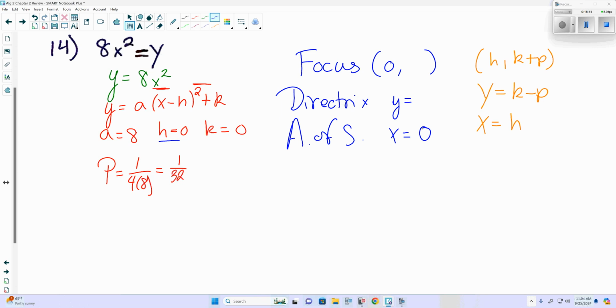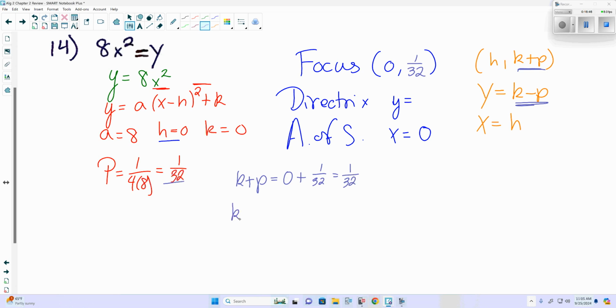So the only other things that we have to solve for is k plus p and k minus p. So we'll start with k plus p. I plug the value of k in, which is 0, plus our p value is 1 over 32. So 0 plus 1 over 32 is 1 over 32. So our focus is 0 comma 1 over 32.